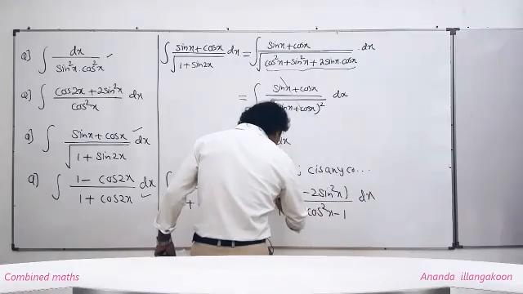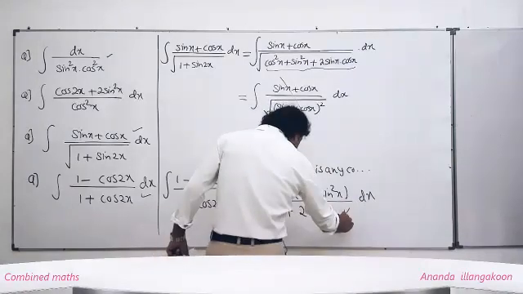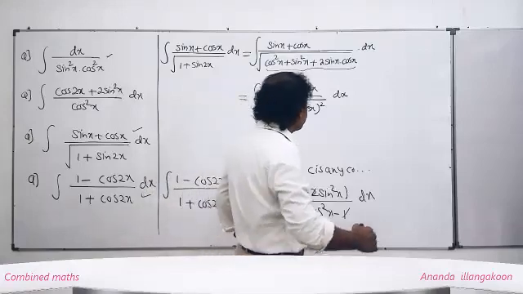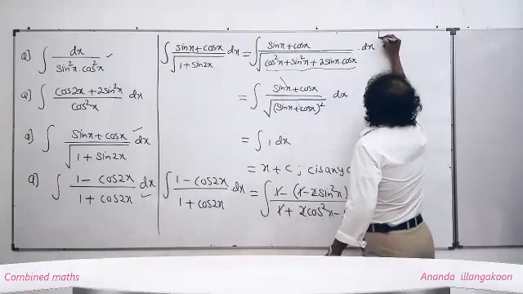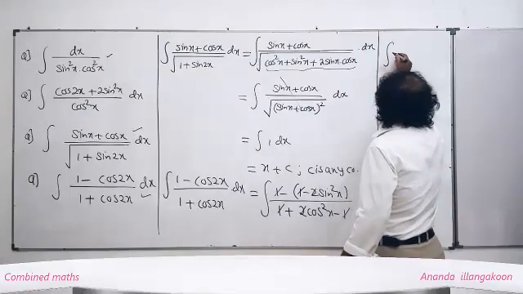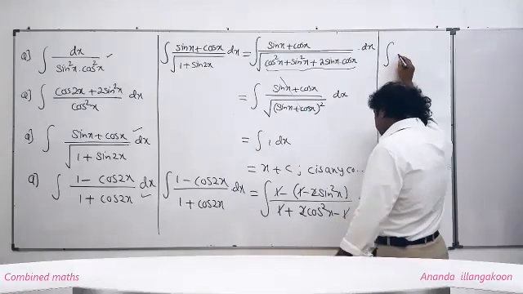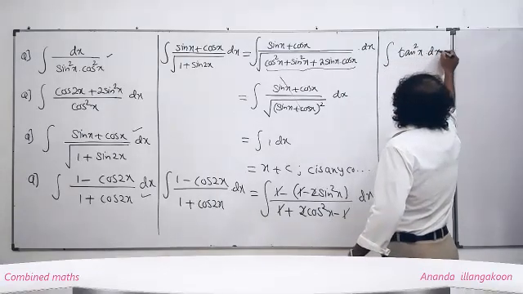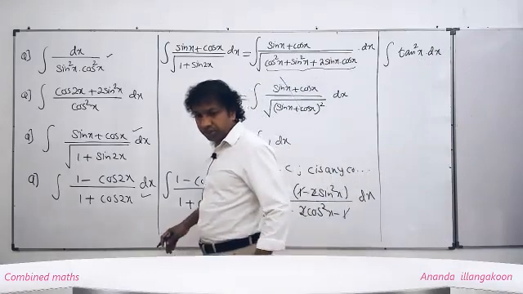These two can cancel down, minus minus plus, and 2 we can cancel down with this. And here we get integral sin square divided by cos square dx. We get tan square dx, right?